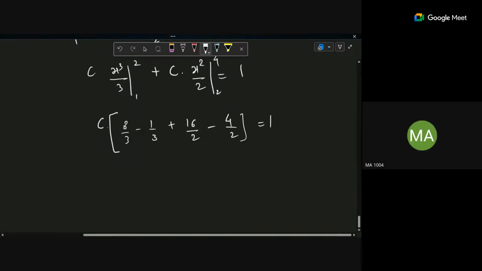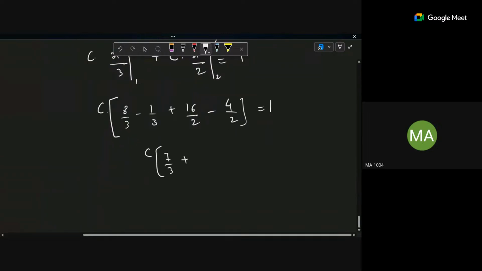Yes, so 7 by 3 plus 16 minus 4 is 12 by 2, 6, which is equal to 1.